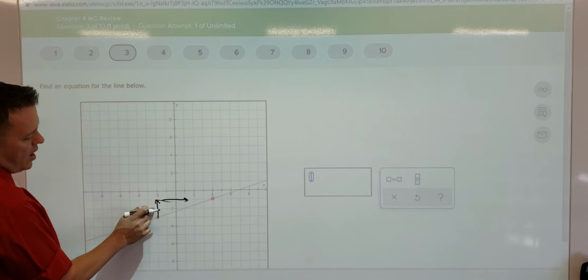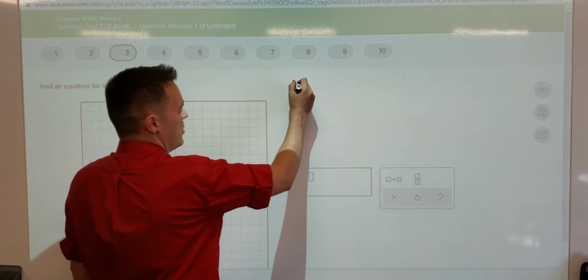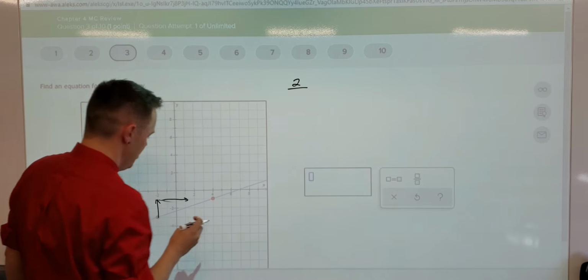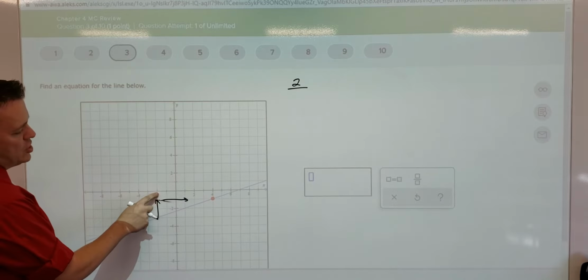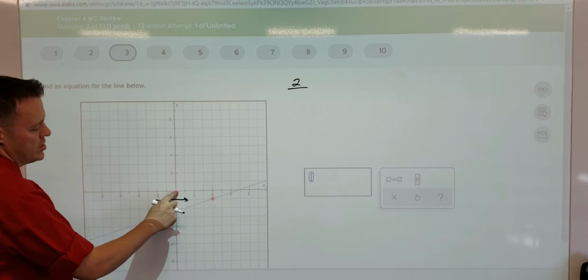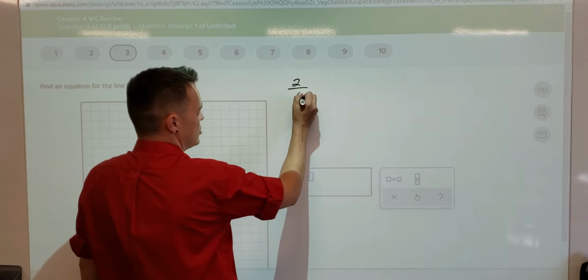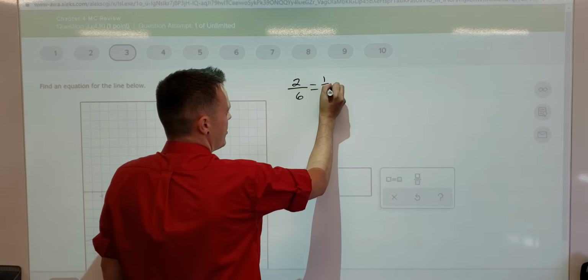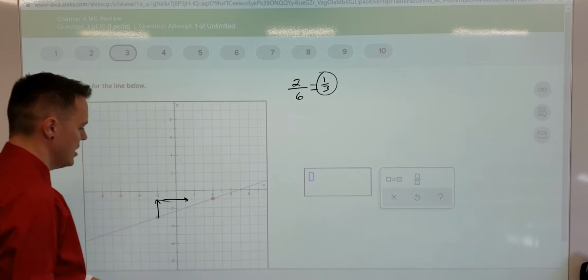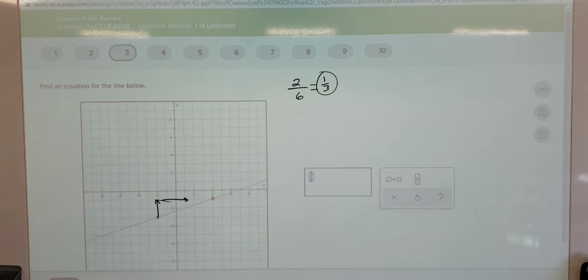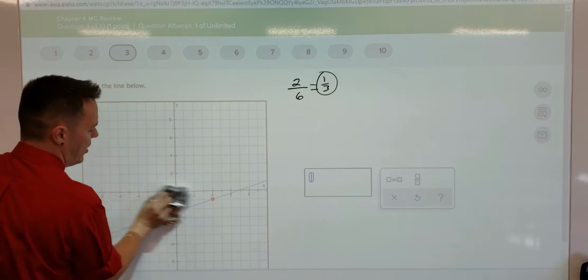If I go up, it's up 1, 2. Remember, it's always rise over run. So it's 2, and then it's going to be from 2 to 4, so it's 1, 2, 3, 4, 5, 6. So it's 2/6, which is 1/3. All right, so we got our slope of 1/3. Now you just pick a random point. I'm going to pick the point with a 1 involved in it.